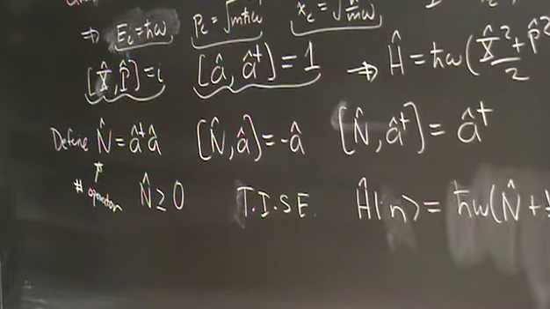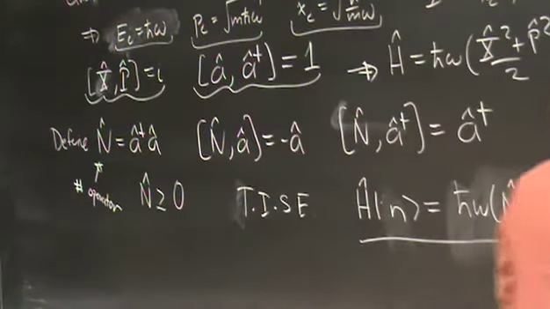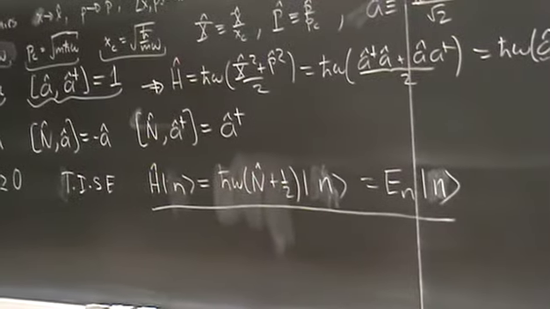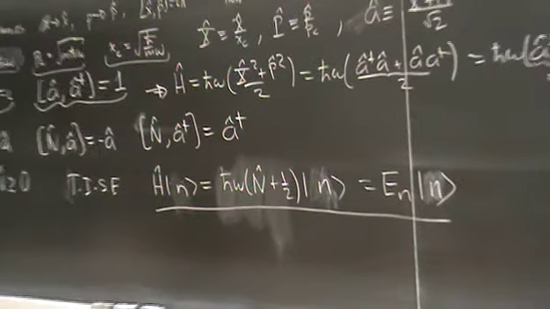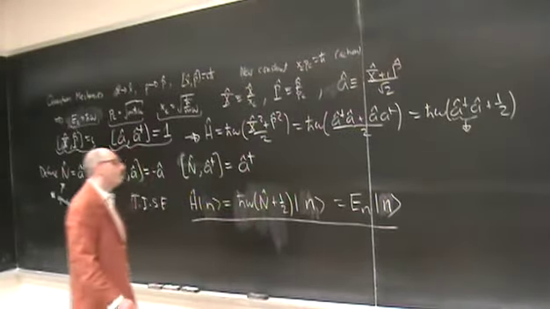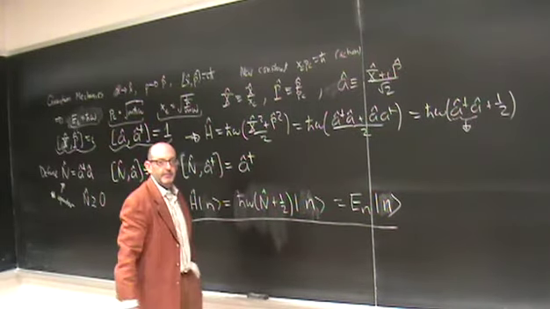And we use them to solve the time-independent Schrodinger equation, that is to say, to solve for the energy eigenvalues of the Hamiltonian. Okay? Because the energy eigenvalues are the eigenvalues of the number operator multiplied by h bar omega plus a half, right?